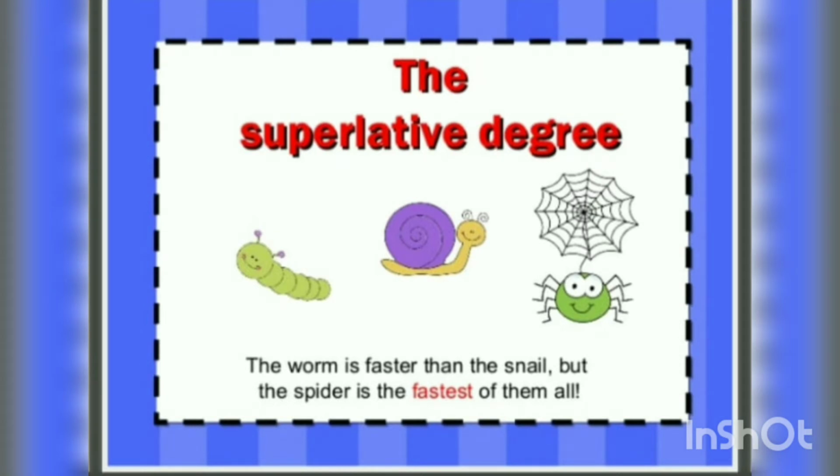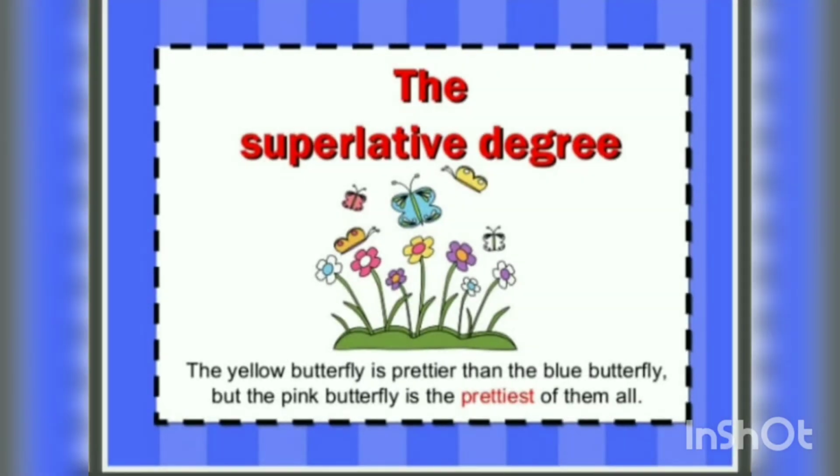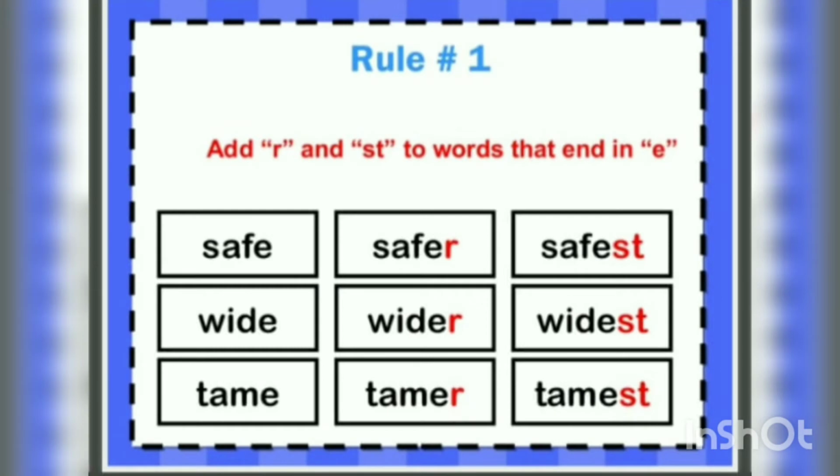The worm is faster than the snail, but the spider is the fastest of them all. Fastest is which degree? Superlative degree. So fast, faster, fastest. The yellow butterfly is prettier than the blue butterfly, but the pink butterfly is the prettiest of them all.